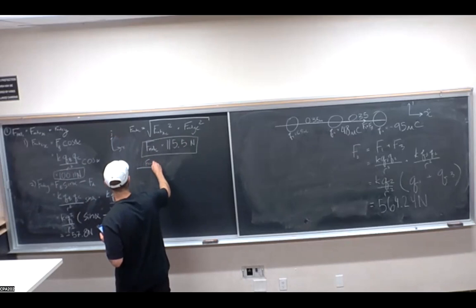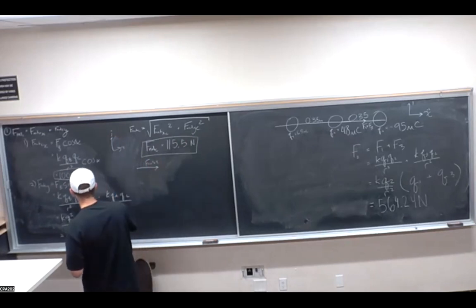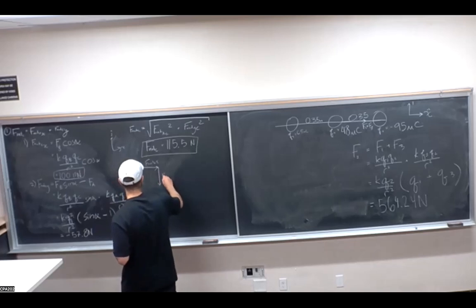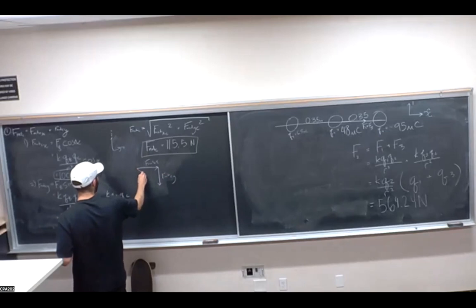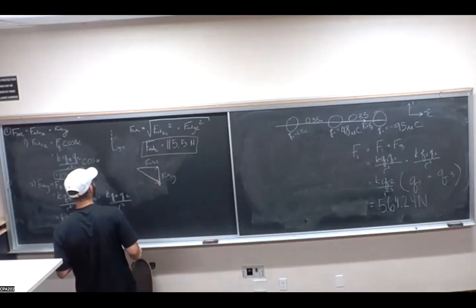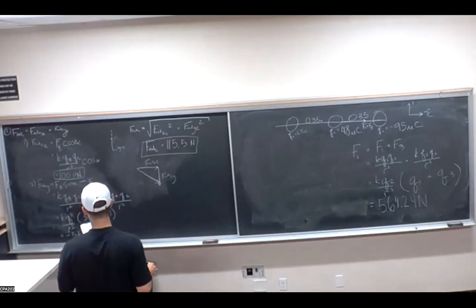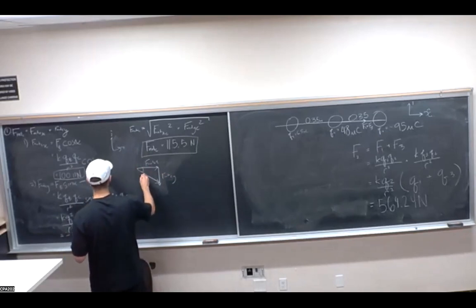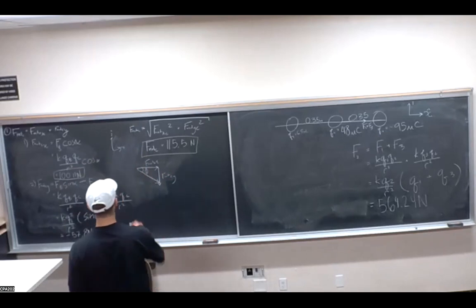And then Y is negative, so that means it's going to be pointing downwards. So F net C Y. Therefore, F net C itself is going to be some amount below the horizontal. I'm going to call this, I don't know, 5. Okay.